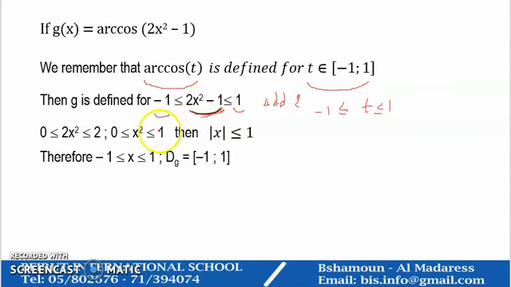We obtain 0 less than or equal to 2x squared less than or equal to 2. Then we divide by 2, and we obtain 0 less than or equal to x squared less than or equal to 1. This is equivalent to saying that the absolute value of x is less than or equal to 1. So I can deduce that x is between minus 1 and 1. So the correct answer is that the domain of definition is from minus 1 to 1.